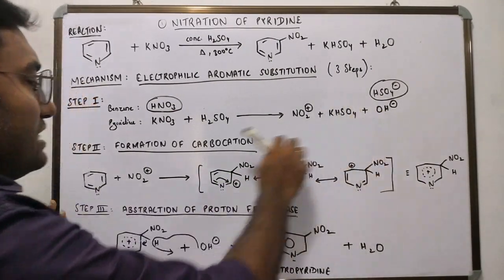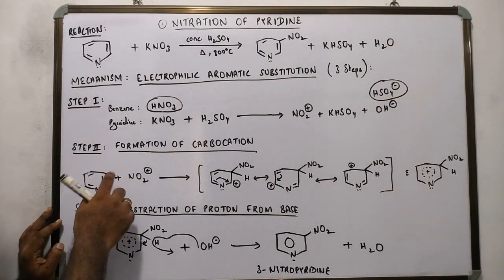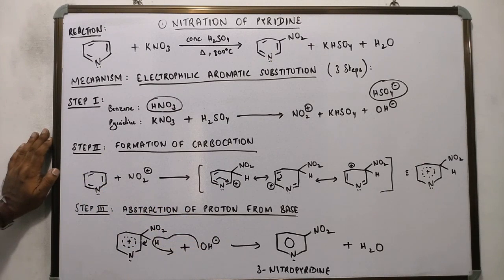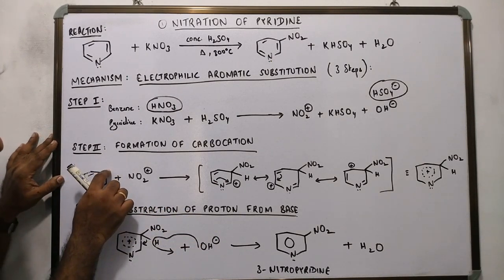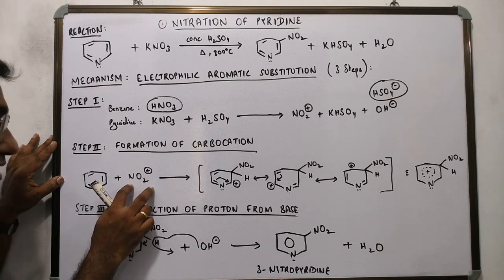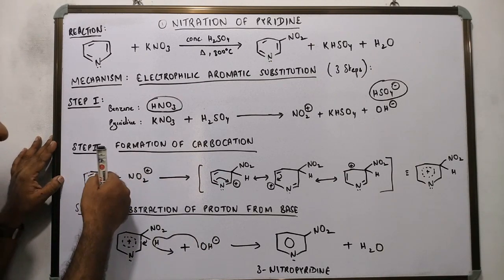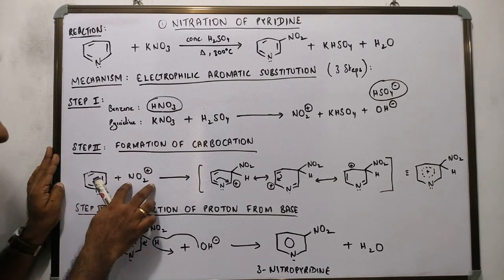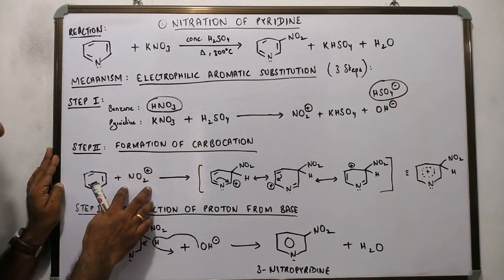The strong base can attract the proton from the third position with much greater intensity, and that would increase the electron density at the third position. NO2+ would now be attracted at a much faster rate. When there is a greater electron density at the third position, NO2+ would be attracted much faster.